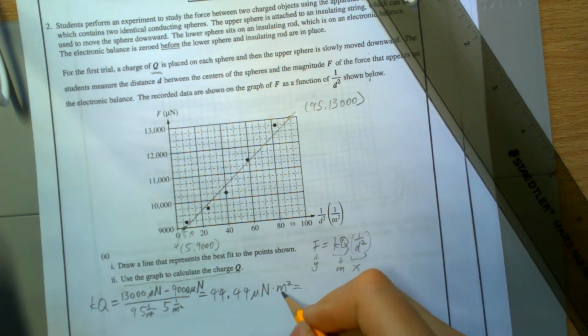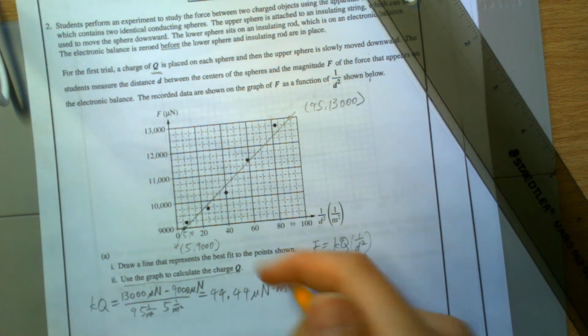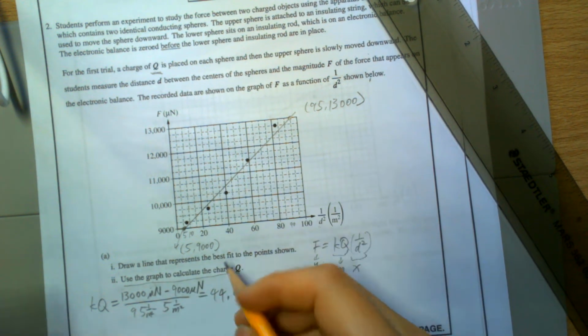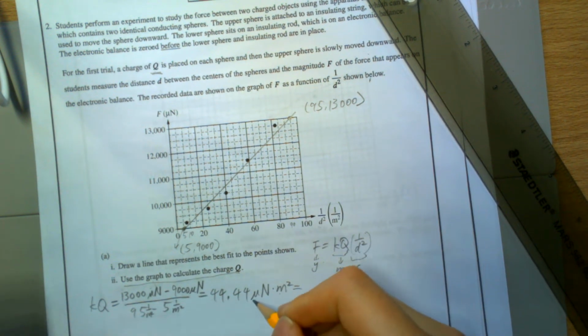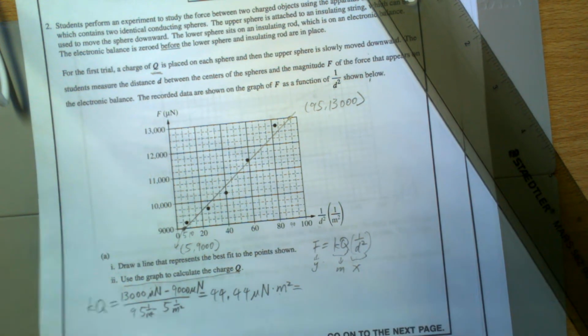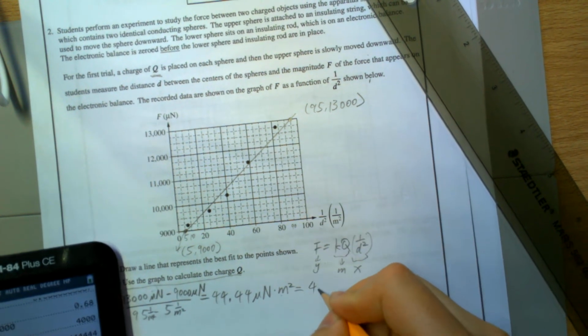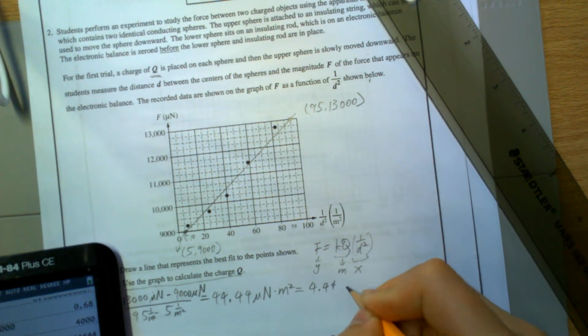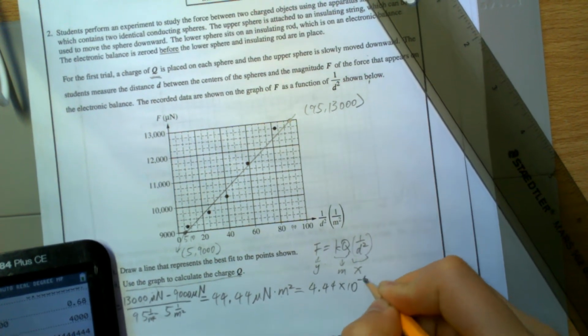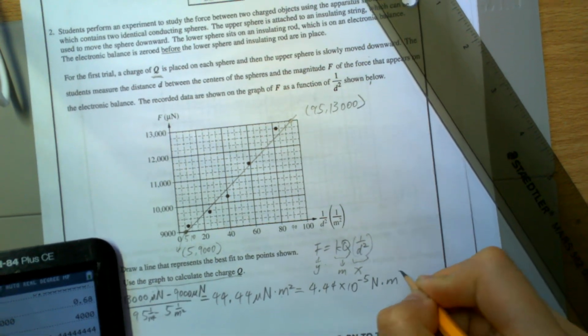Because we are in meter squared and micronewtons, we need to divide by 10 to the, how many power? This is micro, so 6 power. So it's about 4.44 times 10 to the negative 5 newton meter squared.